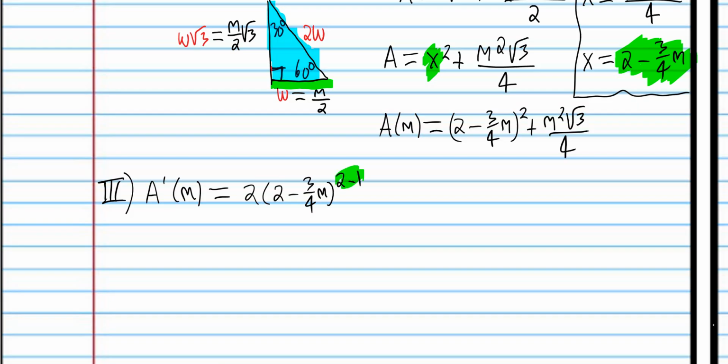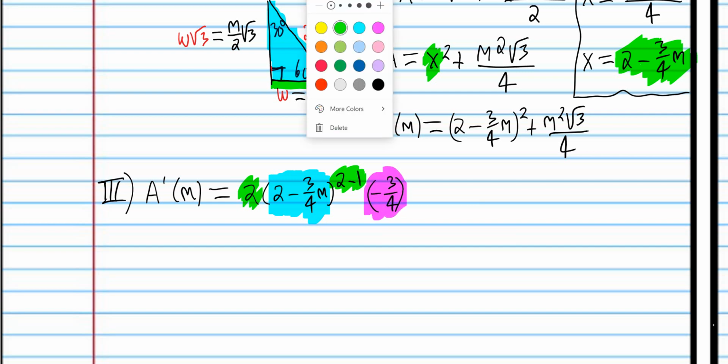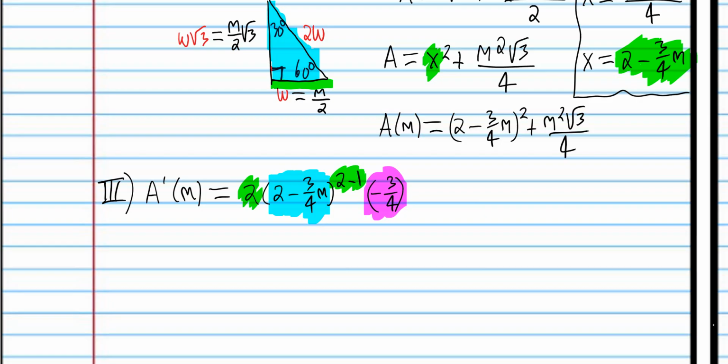That's step number 1 of the chain rule. Step number 2 is to keep the inside function. And step number 3 is to multiply all that by the derivative of the inside function. Do you agree that the derivative of the inside function, this blue function here, is just negative 3/4?